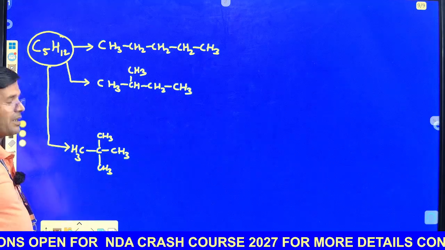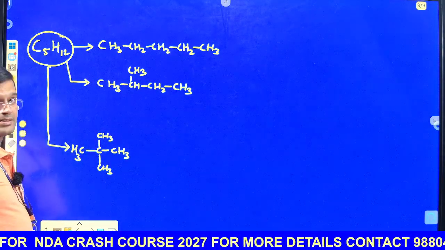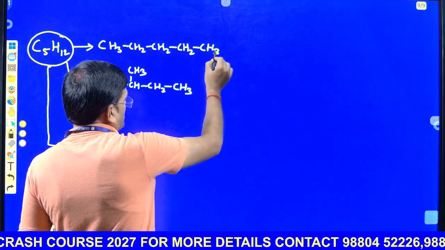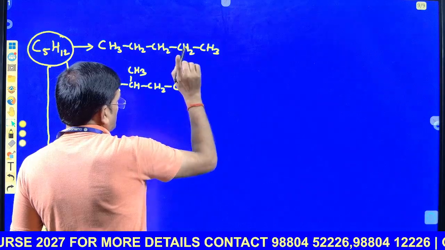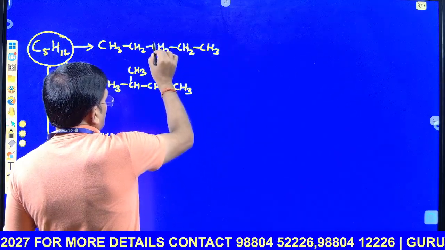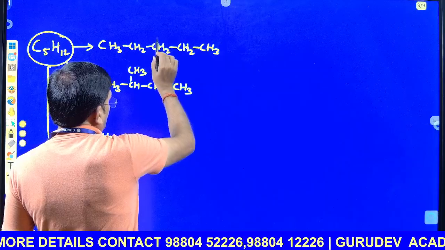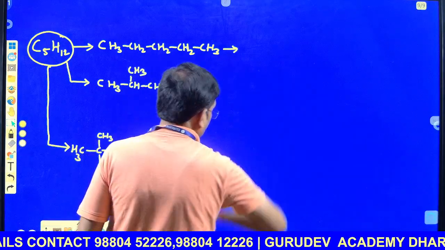But the maximum number of products you can obtain in normal pentane is 3. How? Just see. By the substitution of this hydrogen you can have one product, by the substitution of this hydrogen you can have one more product, and by the substitution of this hydrogen you can have one more product. So a total of 3 monochloro derivatives will be obtained in this one.